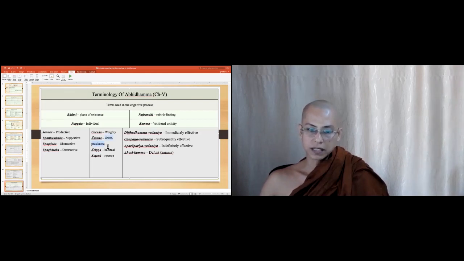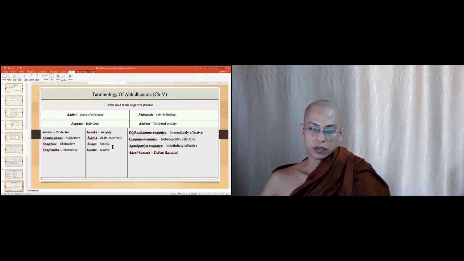The Asanna Kamma is the Kamma close to death. The Acinna Kamma is habitual, so it is what you usually do in your daily life.